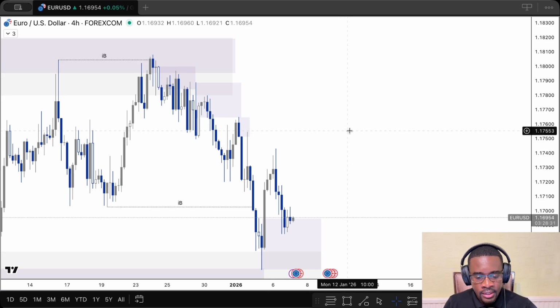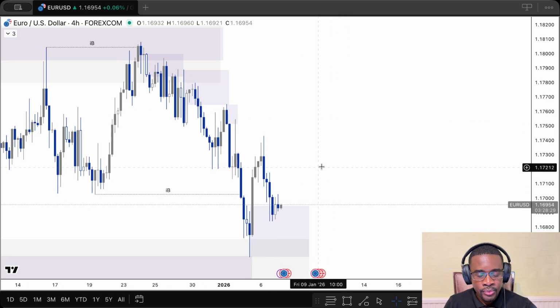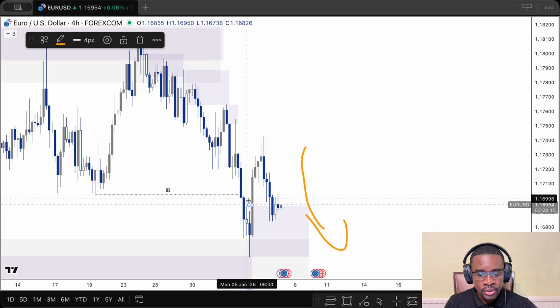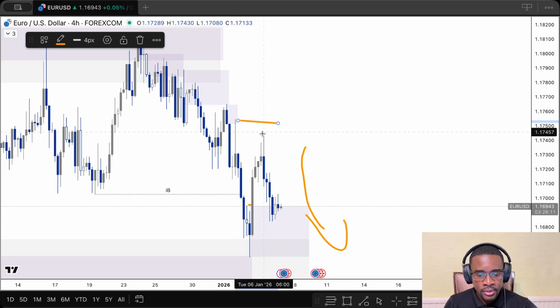So as it stands, the 4-hour is more bearish currently, because the internal is bearish. Of course, we've had an internal break of structure, so that could have been only to facilitate the internal pullback, which is what happened.